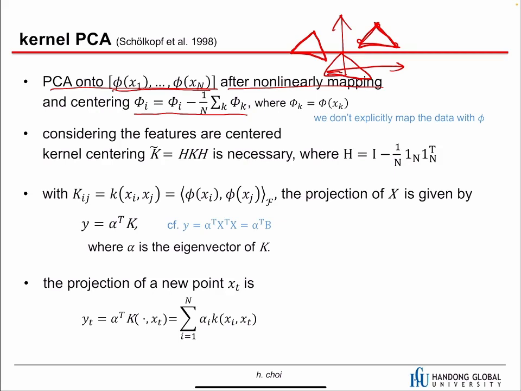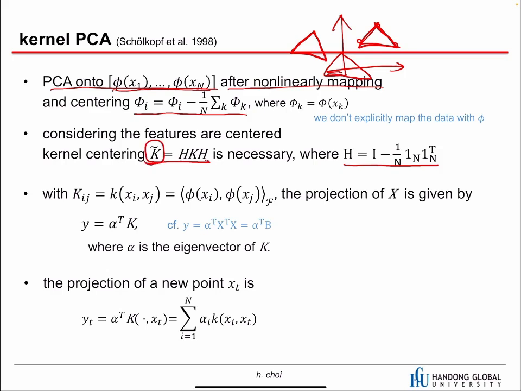So we have a kernel centering matrix H. This H is exactly the same as in the MDS. We multiply this H matrix on both sides, so now we have K tilde.